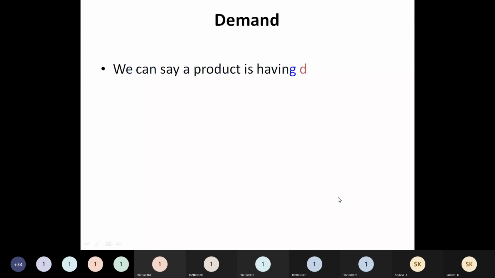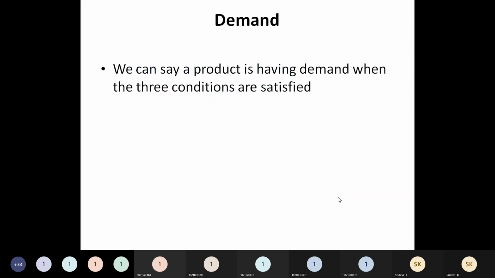Demand means, as you know, everyone is going to hear about this word demand. According to economics, demand means nothing but you have to come across three conditions to say that a product is having demand. One, it is desire to purchase. If the customer has a desire to purchase a product, then only he will be purchasing that.